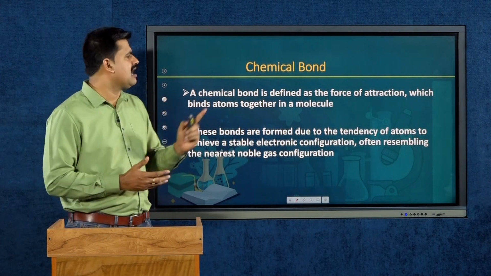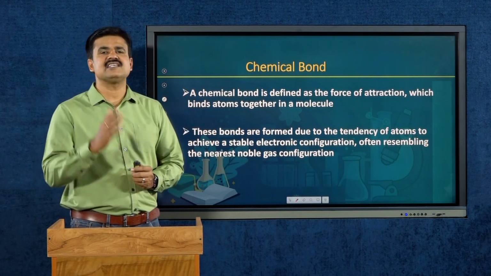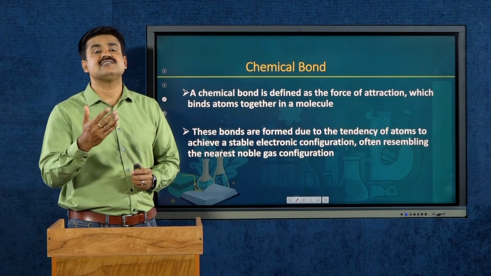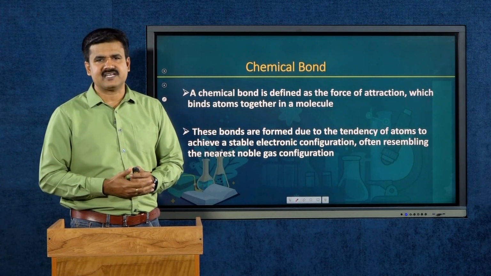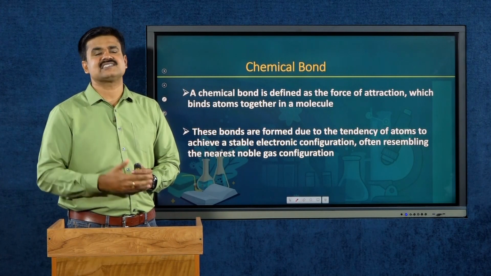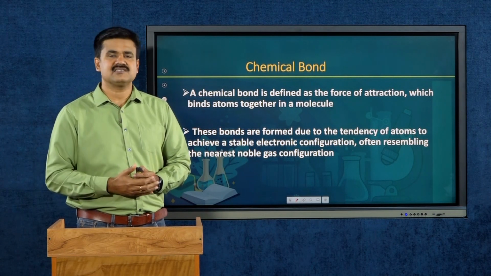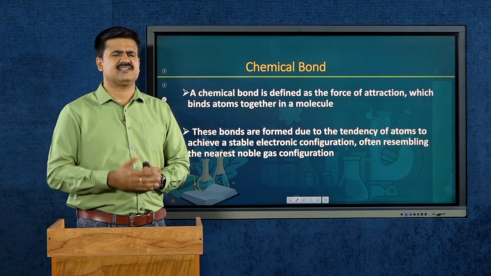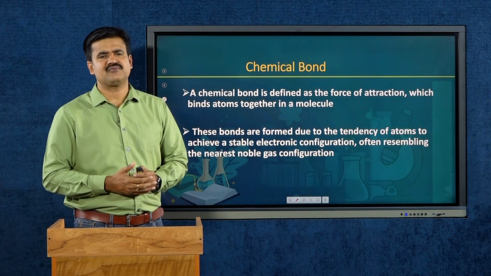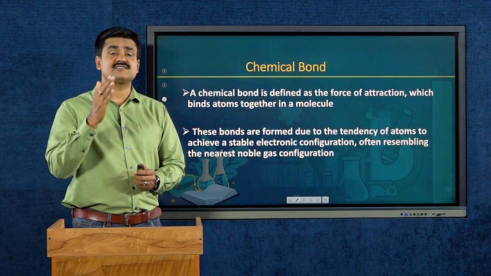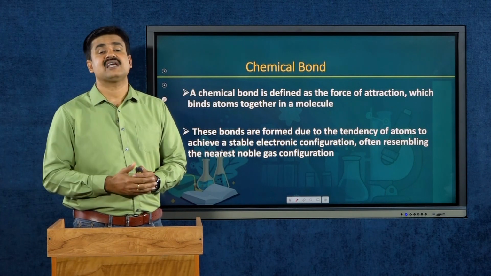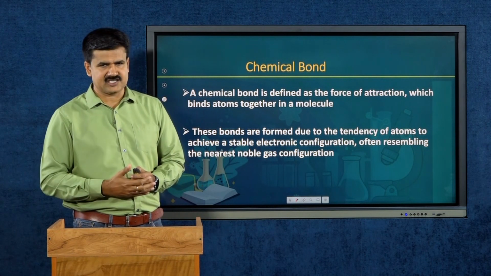The bonds are formed due to the tendency of atoms to achieve a stable electronic configuration, often resembling the nearest noble gas configuration. You know the fact that in the periodic table of elements, noble gases are associated with the stable electronic arrangement or electronic configuration.